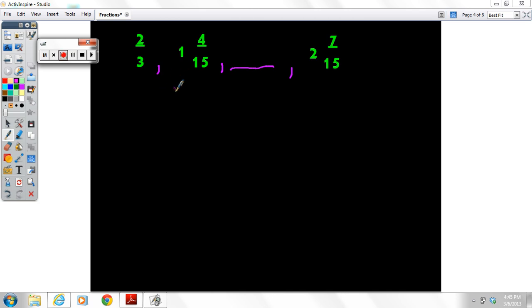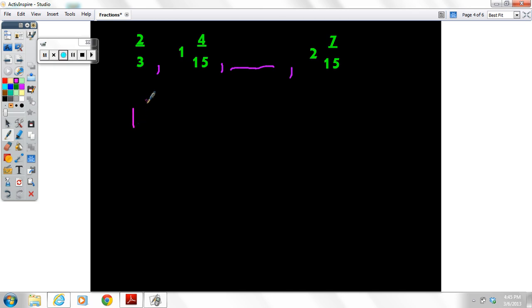The term is increasing. Now, in order to figure out the missing term, we need to figure out what the rule is. In order to figure out the rule, we need to take two consecutive numbers, fractions and mixed numbers, and figure out the difference between those two numbers. Now, in order to figure out the difference between 2/3 and 1 4/15, we need to subtract them.